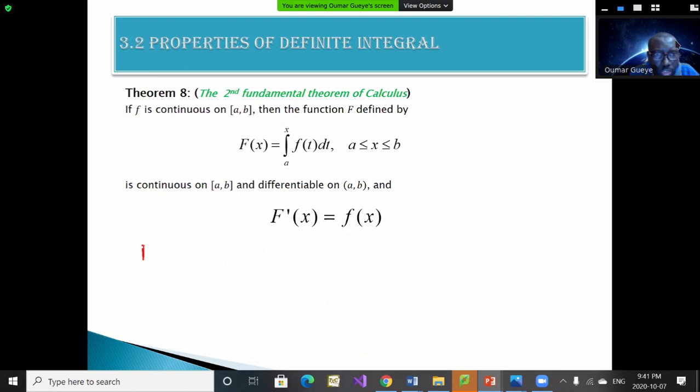Let's say this is your function capital F of x, and let's suppose it is equal to integral from 2 to x of 1 over t dt.